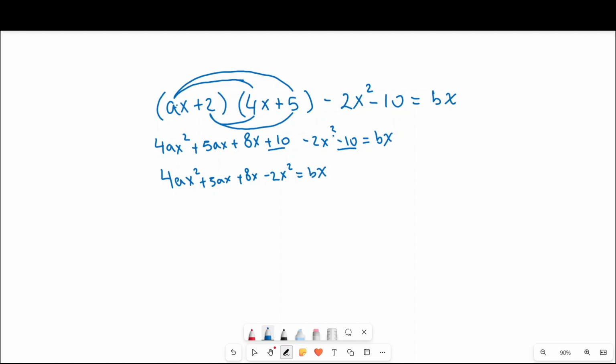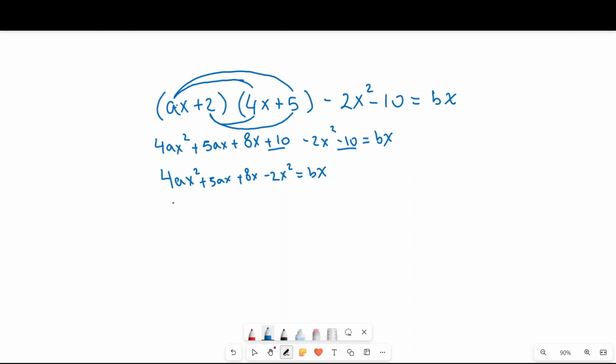I didn't add the 10s because positive 10 plus negative 10 is equal to 0, and we don't have to add any term that's equal to 0. So this is our new equation.